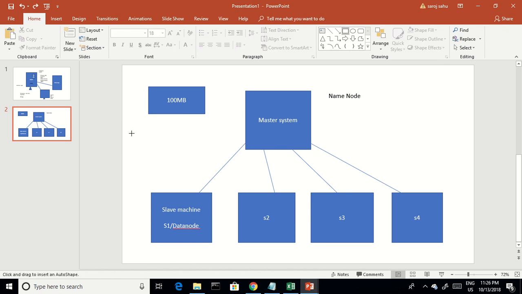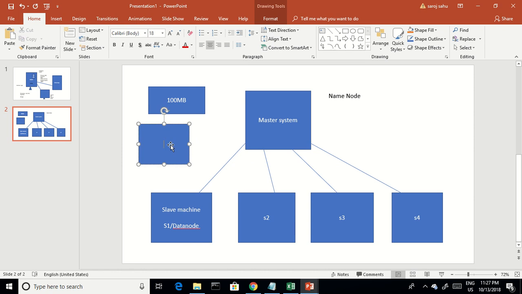So this is my client system. The client system should also have Hadoop software, a Hadoop client. So I have the 100 MB file. The Hadoop file system will divide the input file into a number of blocks.